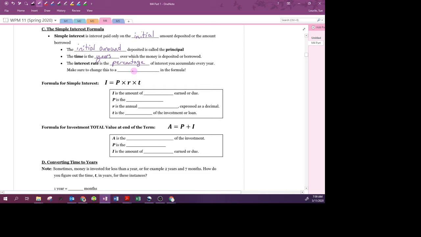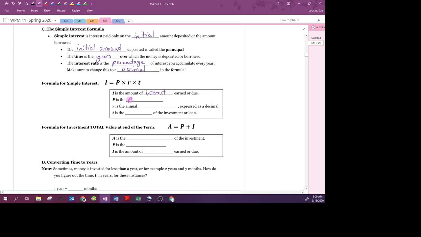Make sure that you change your percent to a decimal when you use the formula. The formula for simple interest is I equals P times R times T. So that translates to: I is the amount of interest earned or due.